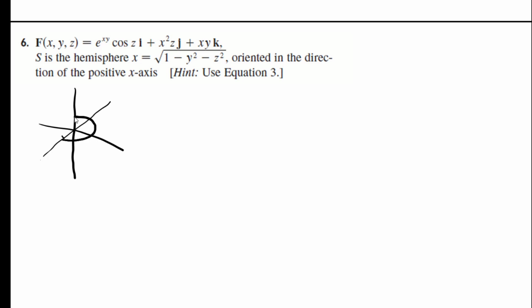Go this way. Whatever. So it's supposed to be the top half, or the right half of a sphere. So it's supposed to be just the part with the positive x-axis. So I still cannot draw today.